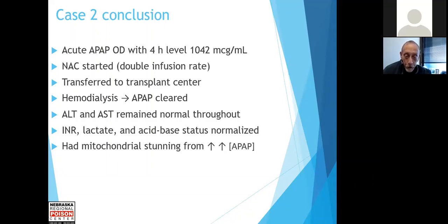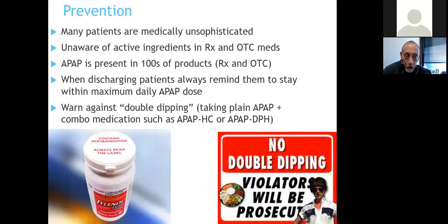He was treated with acetylcysteine. At the transplant center, he got dialysis because his acetaminophen concentration was close to 7 times the Nomogram threshold. And actually, his ALT and AST remained within normal range. He basically had the mitochondrial stunning, and he did okay.